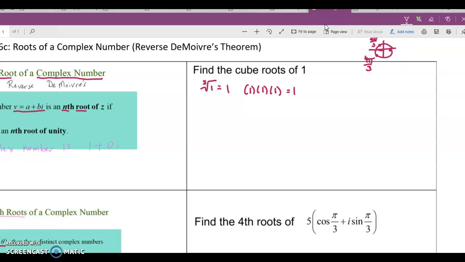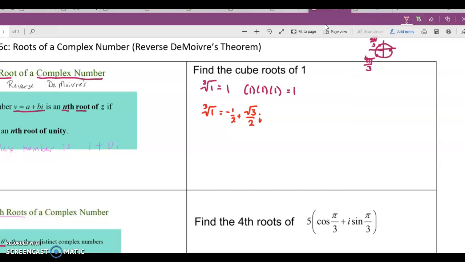You guys all passed high school math, so hopefully you know that. I'm going to go out on a limb here, though, and say that a cube root of 1 is also equal to negative 1/2 plus square root of 3 over 2 i.